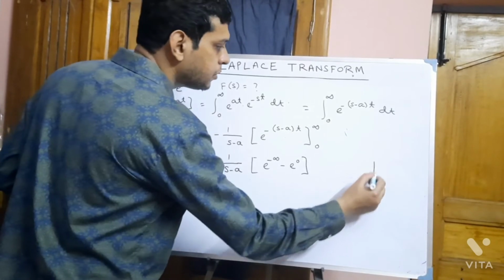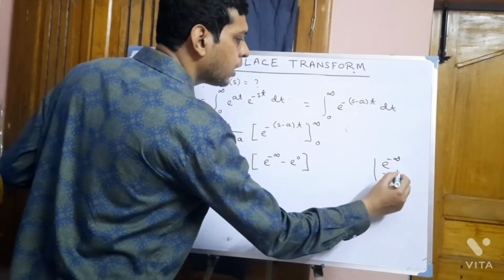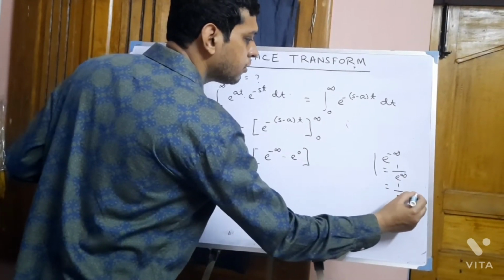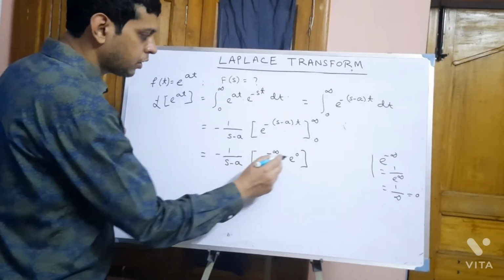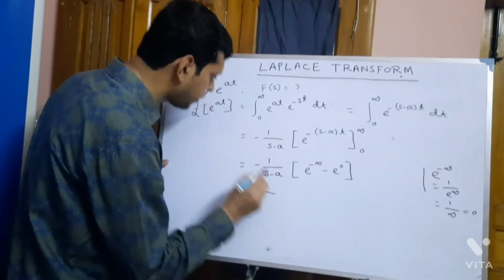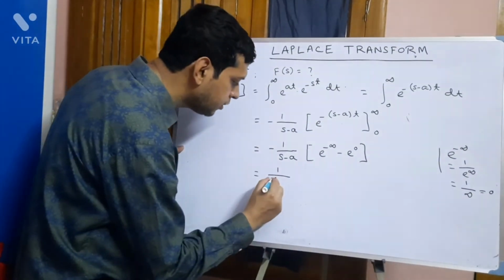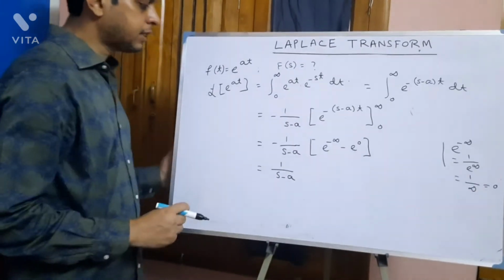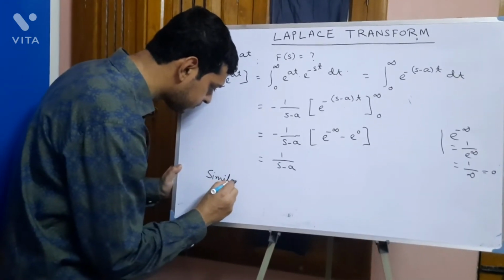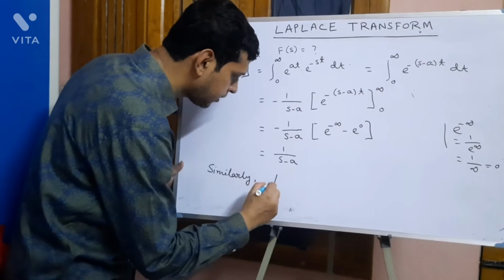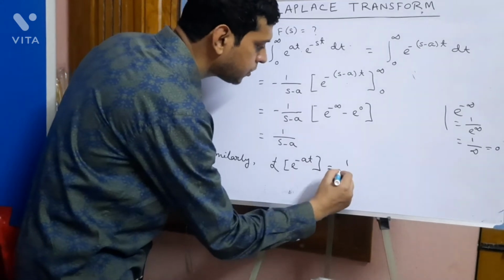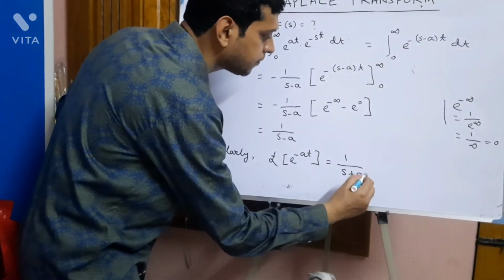It equals 1 by e to the power infinity, or 1 by infinity, which is equal to 0. And we know that e to the power 0 is 1. So the Laplace transform of e to the power at is 1 by (s minus a). Similarly, the Laplace transform of e to the power minus at is 1 by (s plus a).